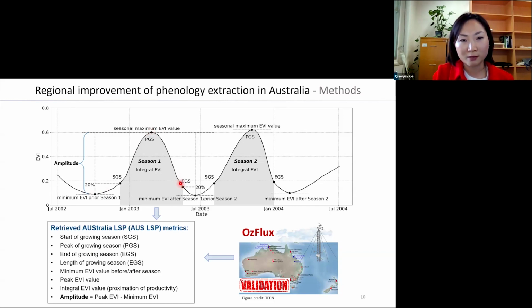These are all timing indices, time in a year, and the length of each growing season. And we also extract the value, the magnitude, the value at each point when things happen, and we ground truth the results with flux data that I introduced before.